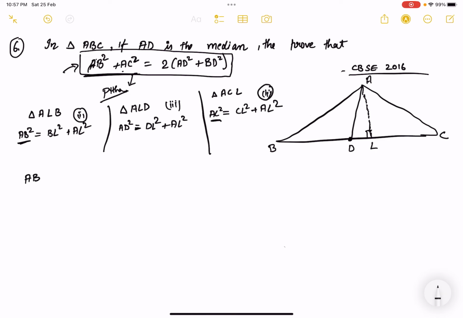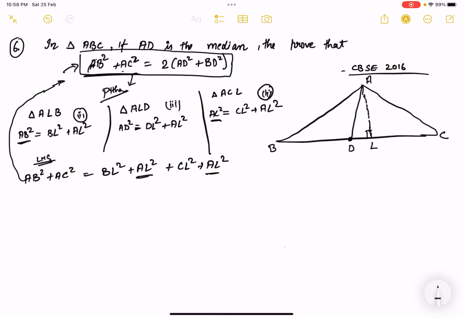We have AB square plus AC square is equal to BL square plus AL square plus CL square plus AL square. In our final expression, we don't have AL in the picture, so we will eliminate AL. We'll leave the LHS as it is because we have got the LHS same as our final expression.